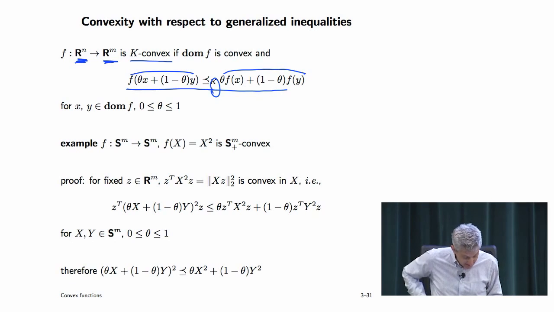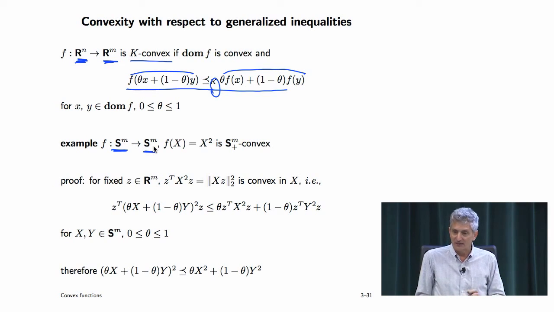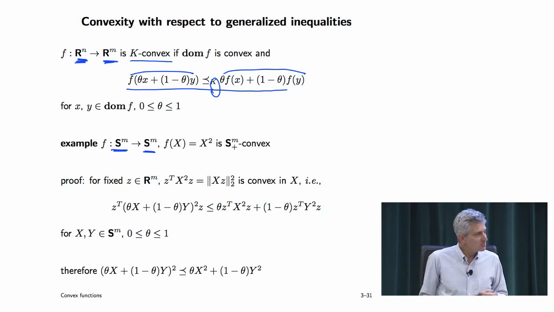So here, for example, if I have a mapping from m by m symmetric matrices into m by m symmetric matrices, and the mapping is the following: you square the matrix, that's it. Then the claim is that it is matrix convex.